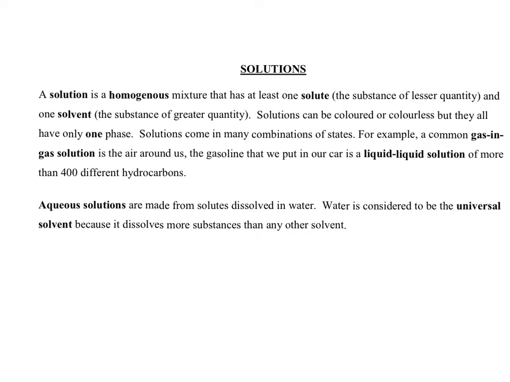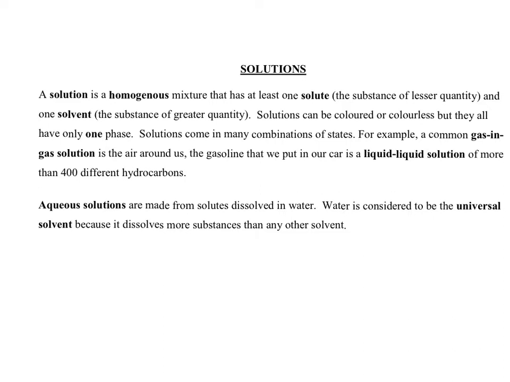It all looks uniform. And a solute is the substance that is there in smaller quantities, but it is the substance that is dissolved. The solvent is the substance that's there in larger quantities, and it is the substance doing the dissolving. Normally, we use water as the solvent.